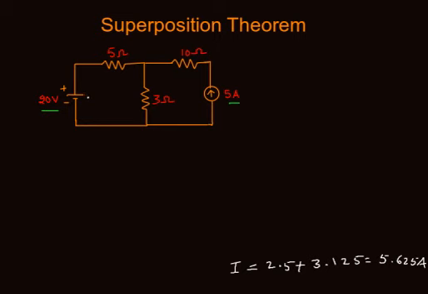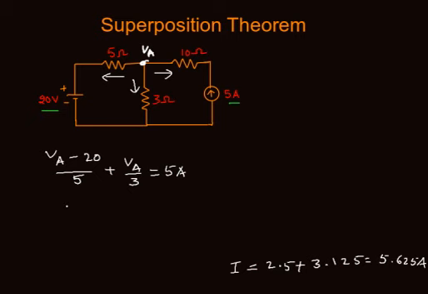So now if we take nodal analysis here, suppose I take a voltage VA here. I take the currents in these directions. So (VA minus 20 volts) by 5 ohms plus VA by 3 is equal to 5 amperes, because this current is entering and these currents are leaving.